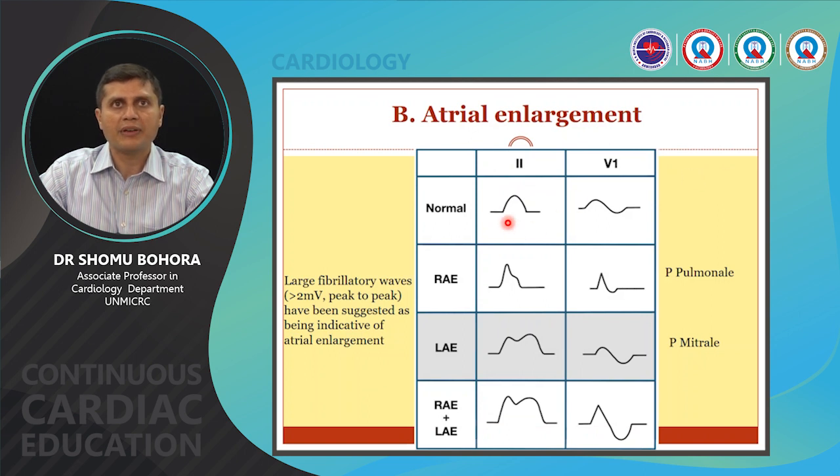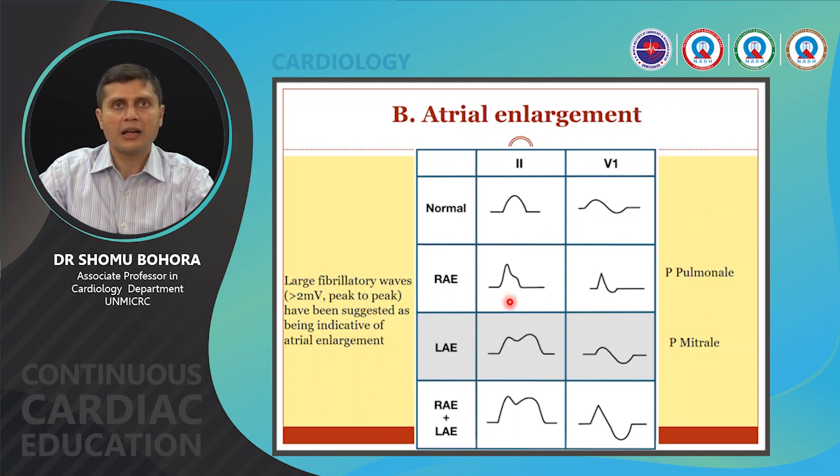A normal P wave doesn't have more than 3 squares in lead 2, while in V1 there is an initial part and a terminal part. The terminal part doesn't exceed more than 1 square in a normal person, and the axis of the P wave is generally within 0 to 90 degrees.